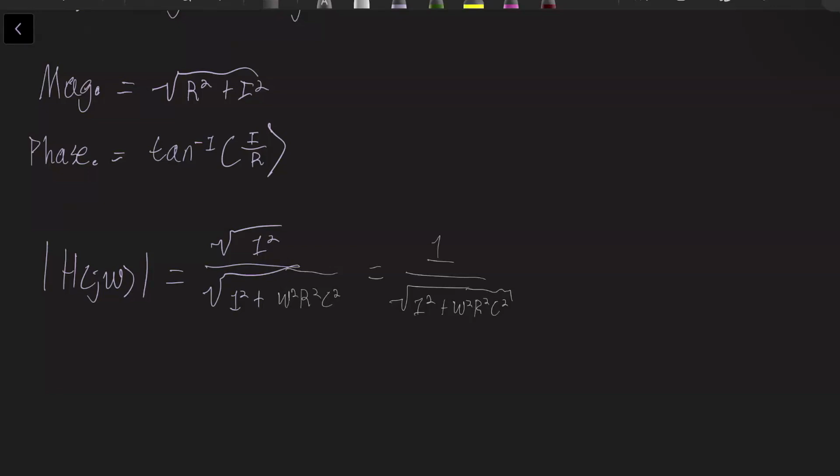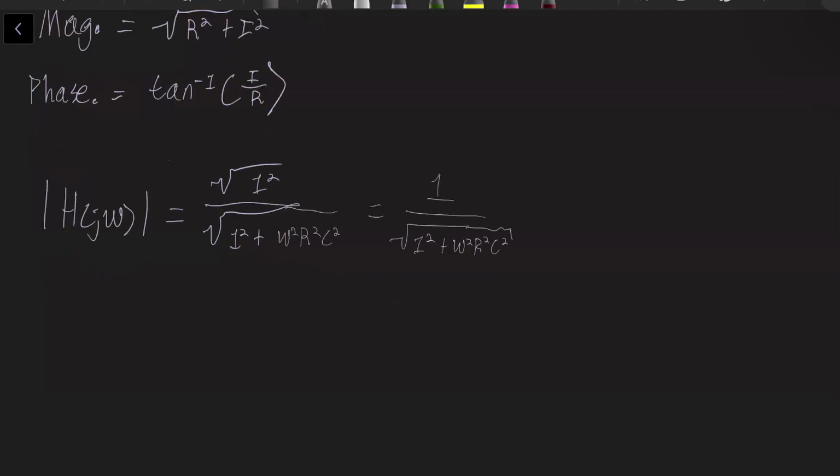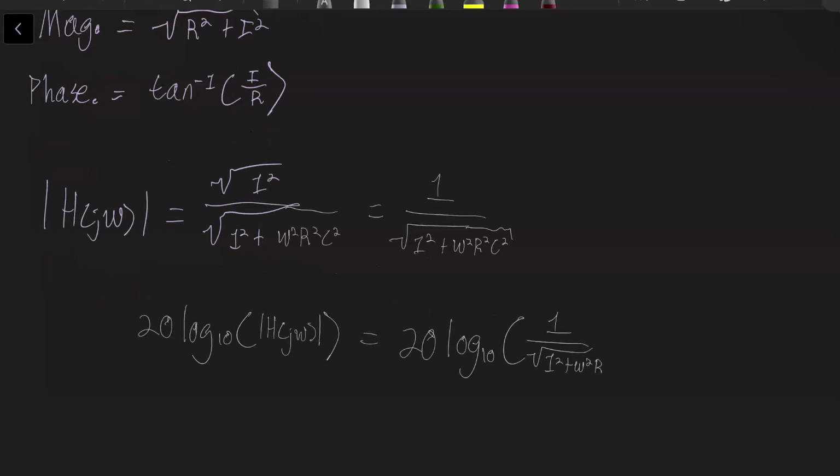In order to convert it to decibels, we do 20 log base 10 of that. So we get 20 log base 10 of 1 over the square root of 1 squared plus omega squared R squared C squared.